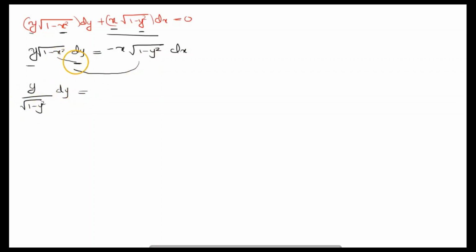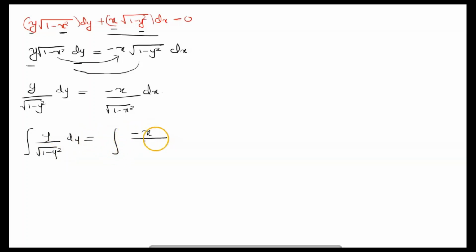Now let's take this x term here: minus x divided by root 1 minus x square dx. So now integrate: y by root 1 minus y square dy equal to integral minus x by root 1 minus x square dx. So we need to integrate this function.